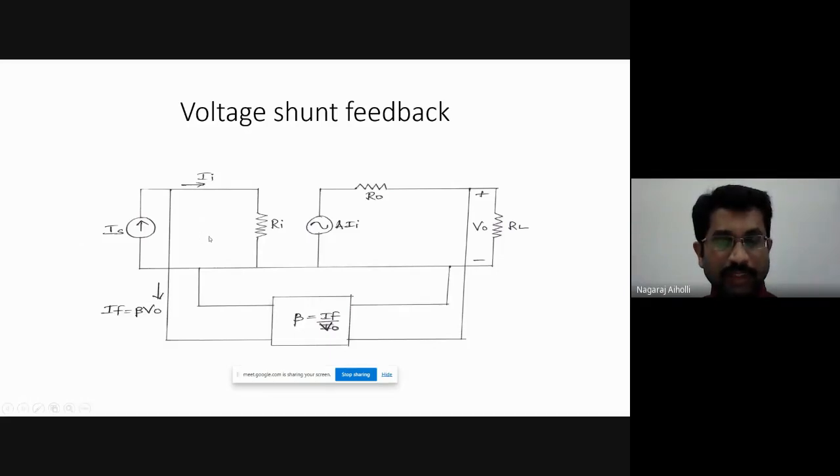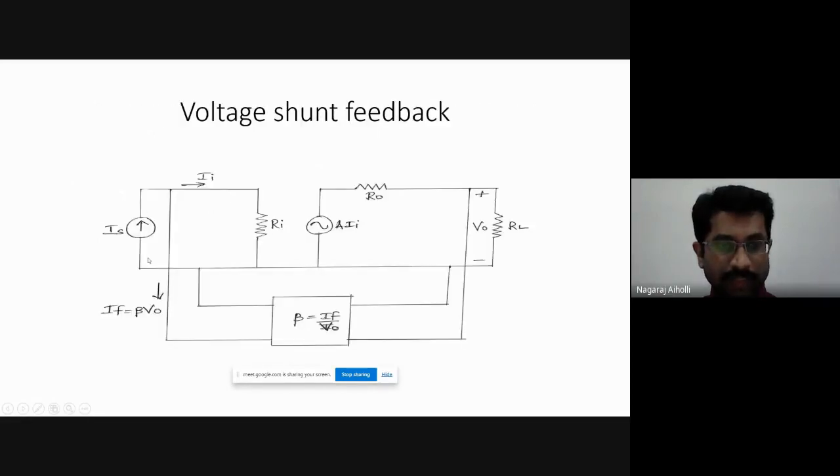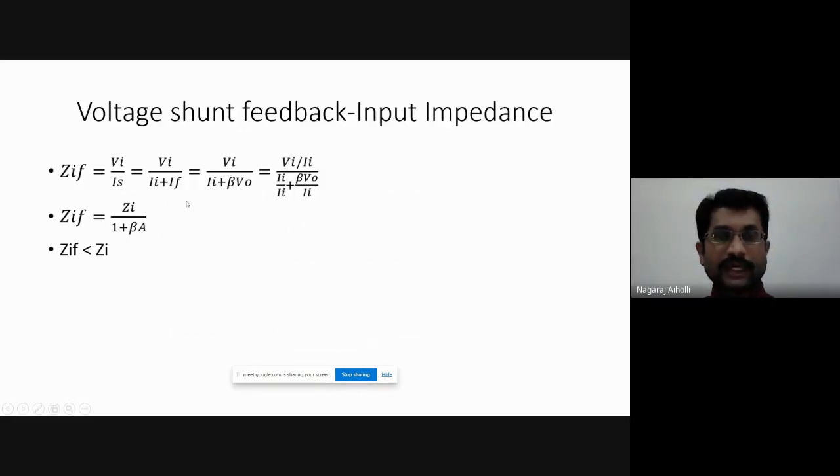Without feedback, it is simply Vi by Ii, because the feedback is applied to the current source. Vi divided by Is: Is is equal to Ii plus If. This current Is gets split as Ii plus If.